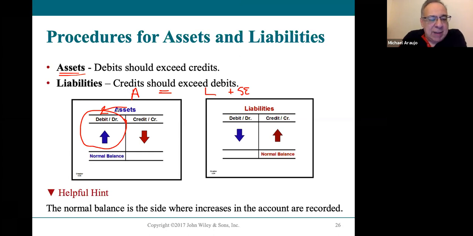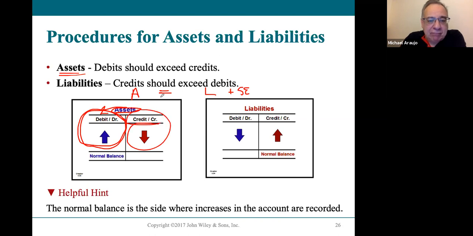It doesn't matter what the account name is, like cash, supplies, etc. Anytime we have more cash, more supplies, more equipment, more prepaid insurance, we show it on the debit side because that's the side that shows we have more. Whenever we use cash or use up our supplies, we need to lower the balance in that account, which we do on the credit side.